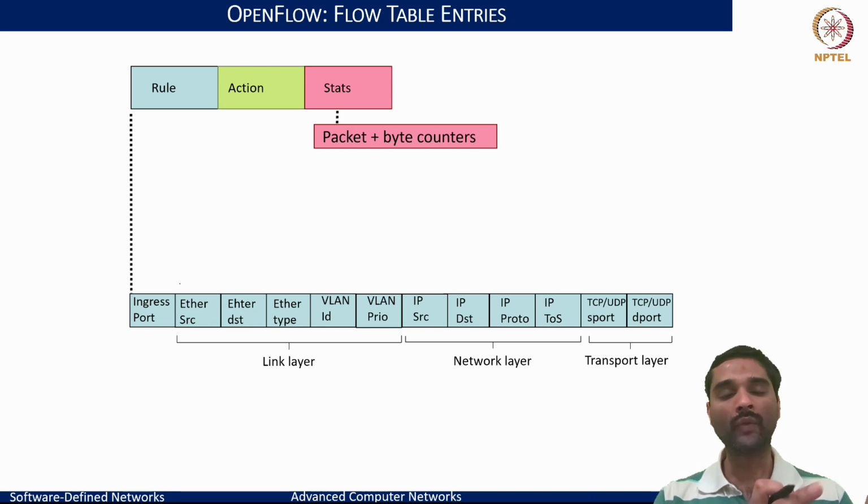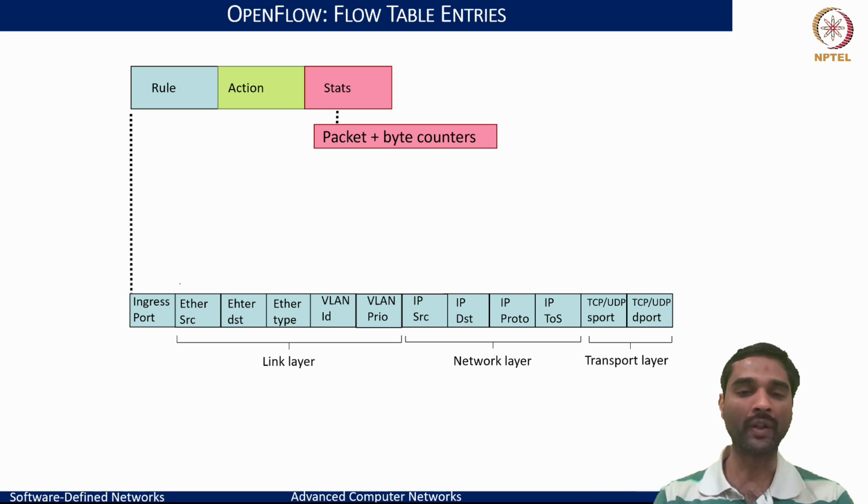Then, what does its layer 2 header look like? The Ethernet source, Ethernet destination, Ethernet type, and including layer 2.5, the VLAN ID and VLAN priority bits, can also be checked for a match on any of these fields.